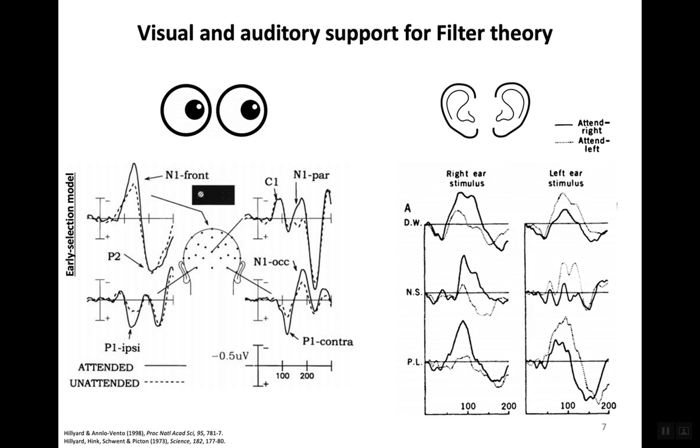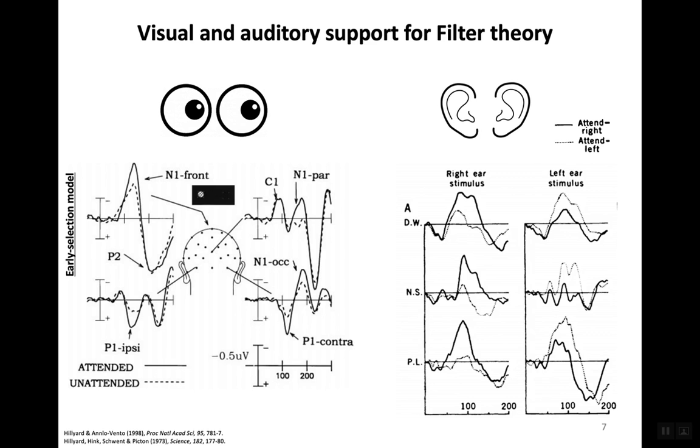What is typically found is that when you pay attention to a stimulus presented in the right ear, the amplitude of the EEG signal is larger than the signal elicited by a stimulus which is not attended in the right ear. And conversely, we can find similar effects within the left ear.